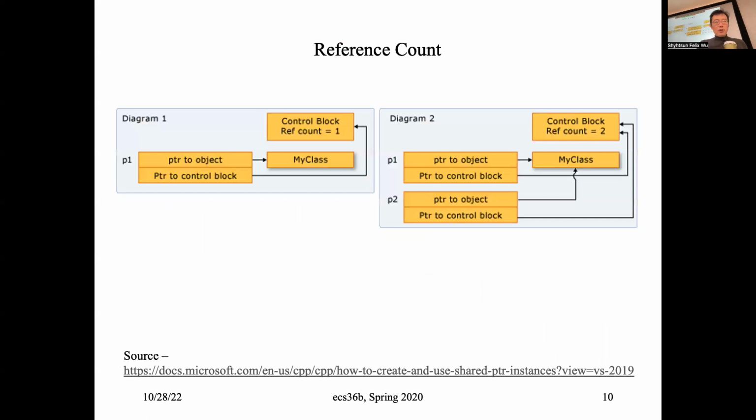Let me show you how you can do that. Essentially, a reference count looks like this. This is an object-oriented structure where you not only have a pointer to the object, that's the resource, but you also have a pointer to what we call the control block of the shared pointer. The control block contains information about how many shared pointers are pointing to this particular resource or object.